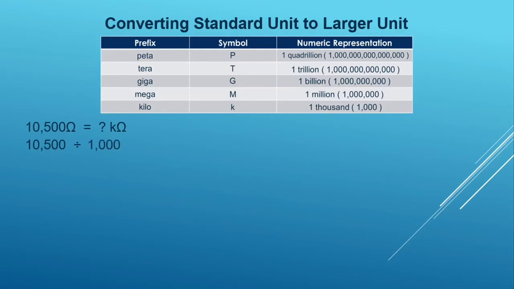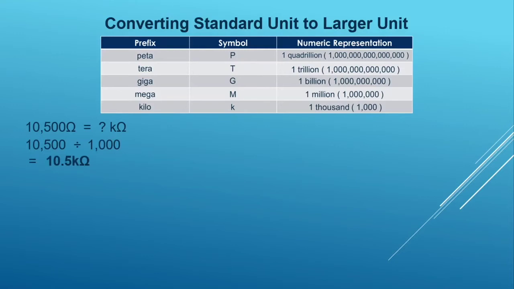So you have 10,500, which is the value of the quantity, divided by 1,000, which is the numeric representation of kilo, and then it is equal to 10.5 kilo ohms.